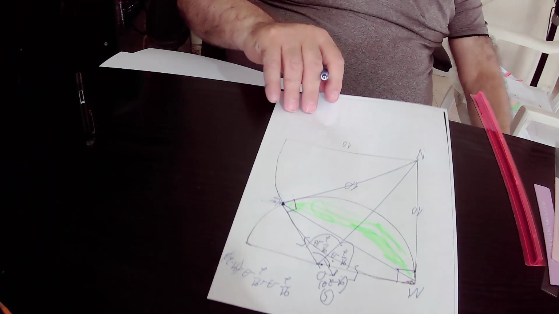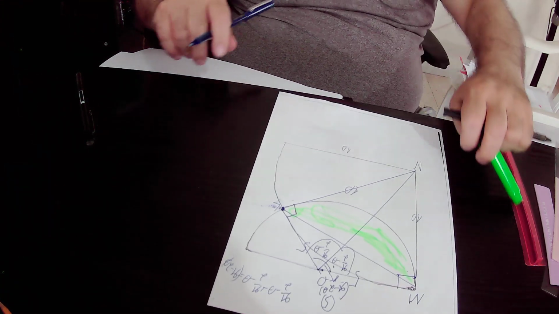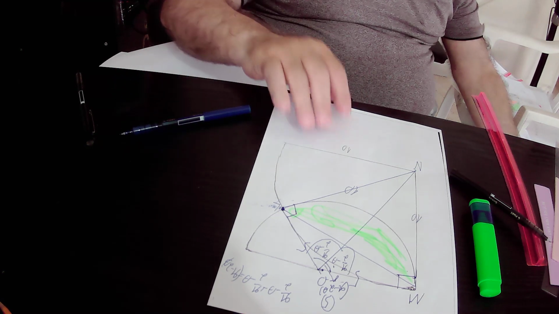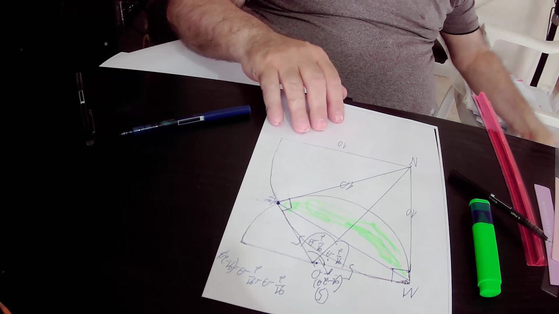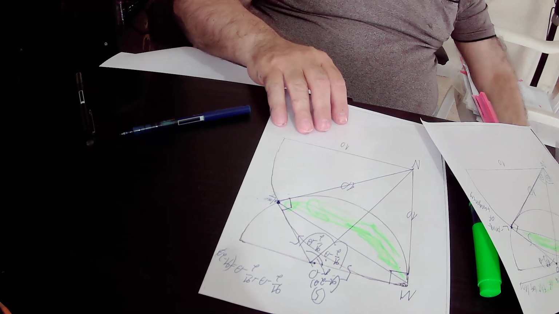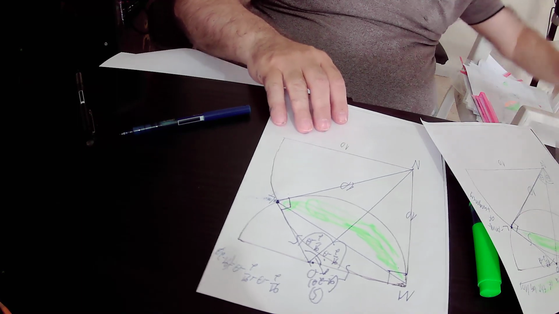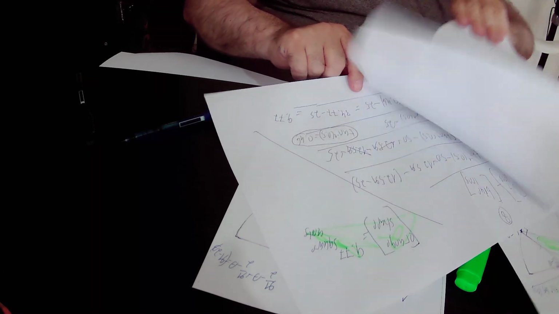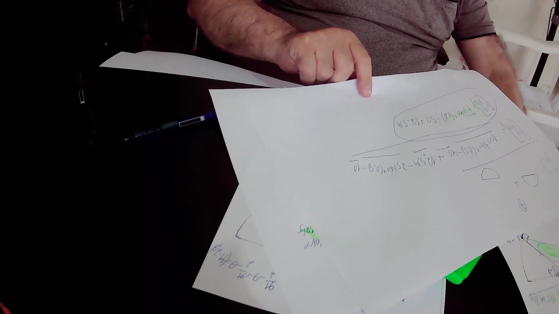So, in the next step, I will summarize the lecture. Here we found out the area of the green shape in two different methods.